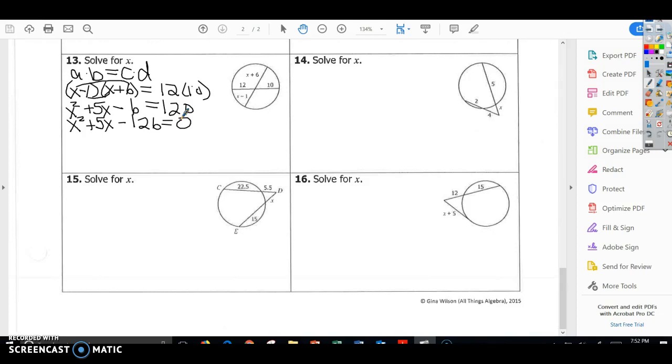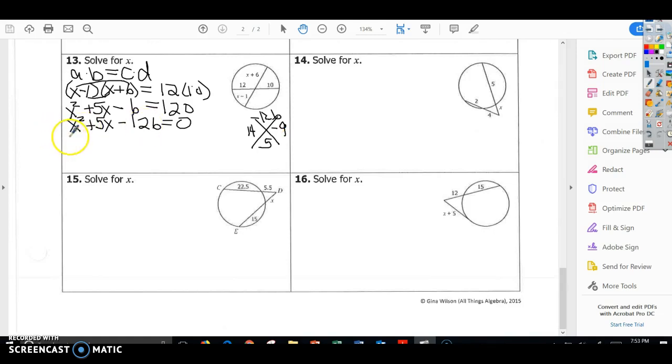When we do that, we are going to factor. If you remember how to factor, you have to multiply to get negative 126, and you want to add to get 5. So if you go through your combinations to figure out what multiplies to give you negative 126 and adds to give you 5, you're going to find 14 and negative 9.